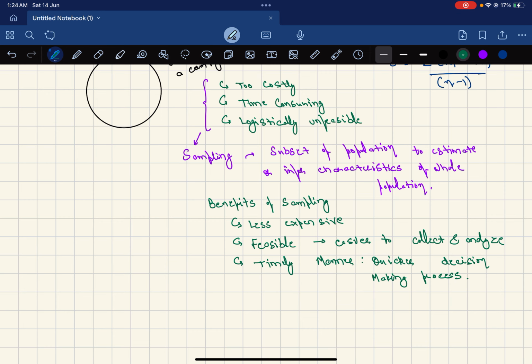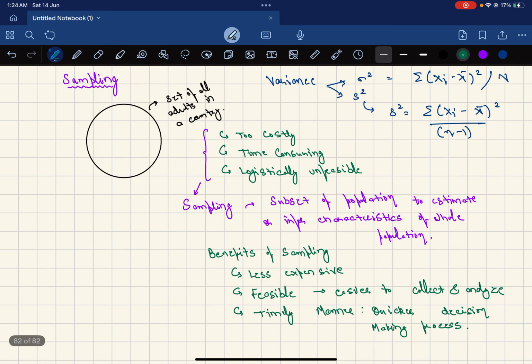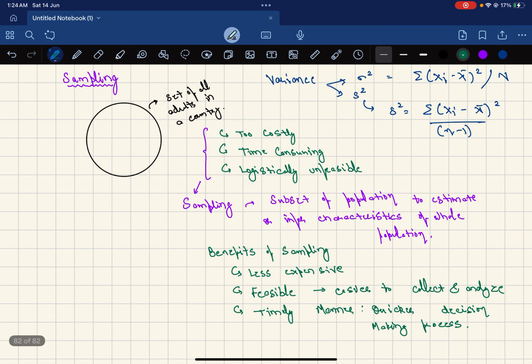So this is about sampling, why we do it, what the benefits are, and how we do it. We simply take a subset of the population. The subsetting of the population could be done in many ways, which come under types of sampling, which we'll look at next.